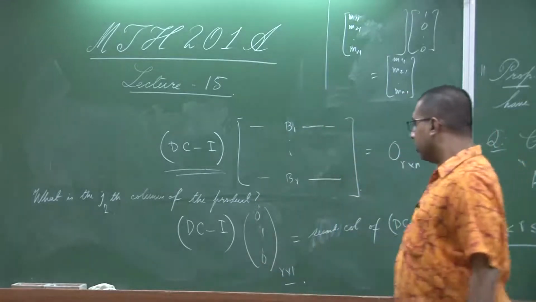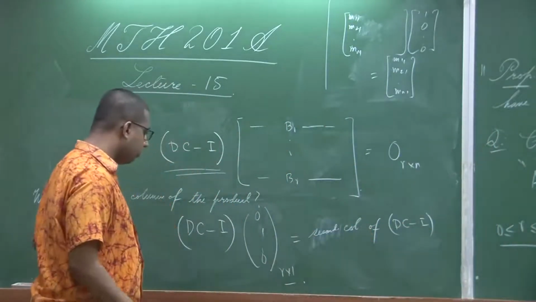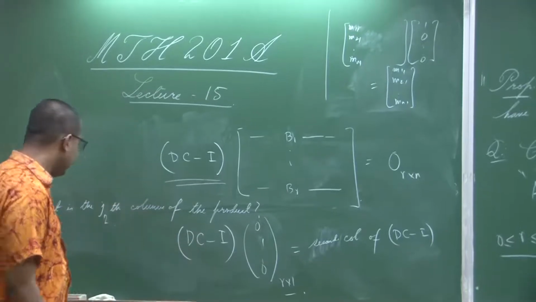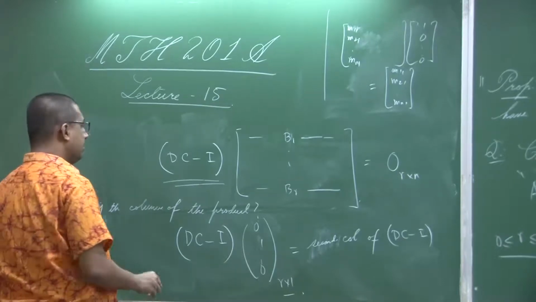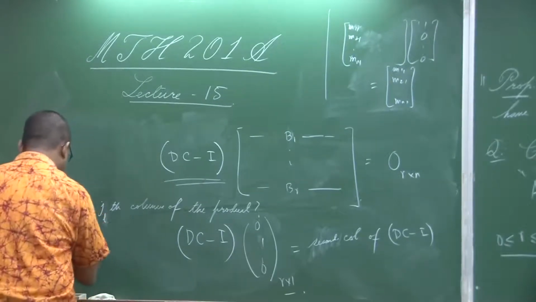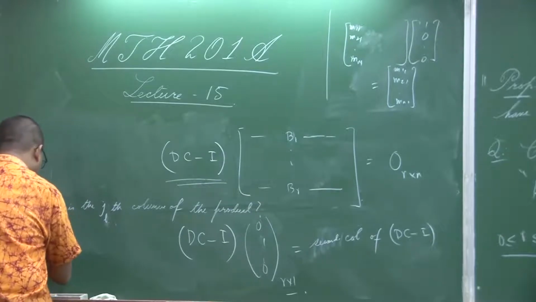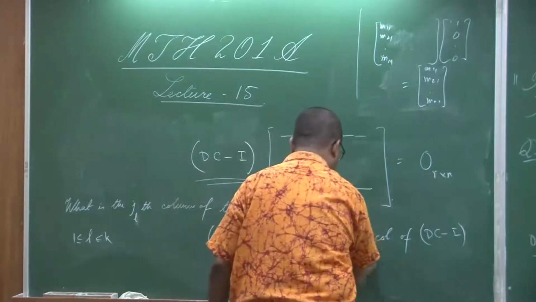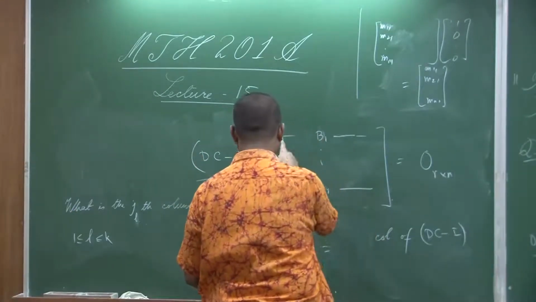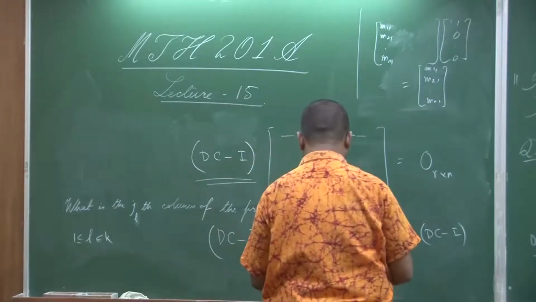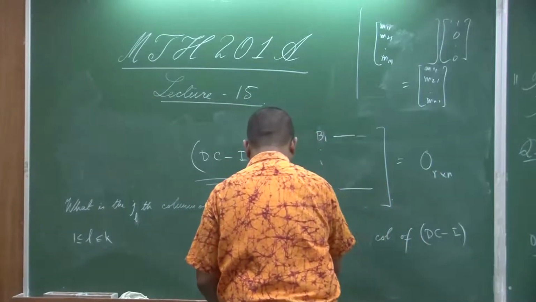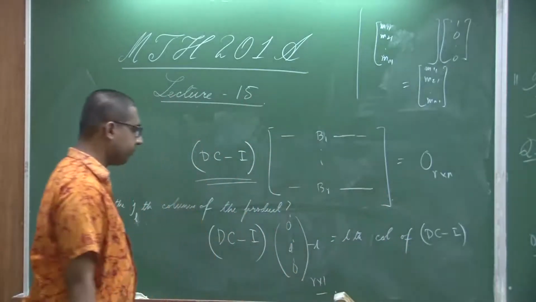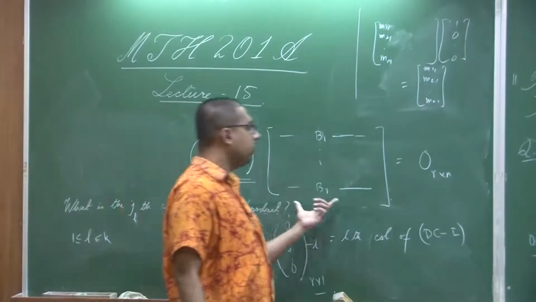Okay. So, thus what we have seen here is that any Lth column, where L runs from 1 up to n, any Lth column of the product is nothing but the Lth column of DC minus I. Now, we know the product is 0.